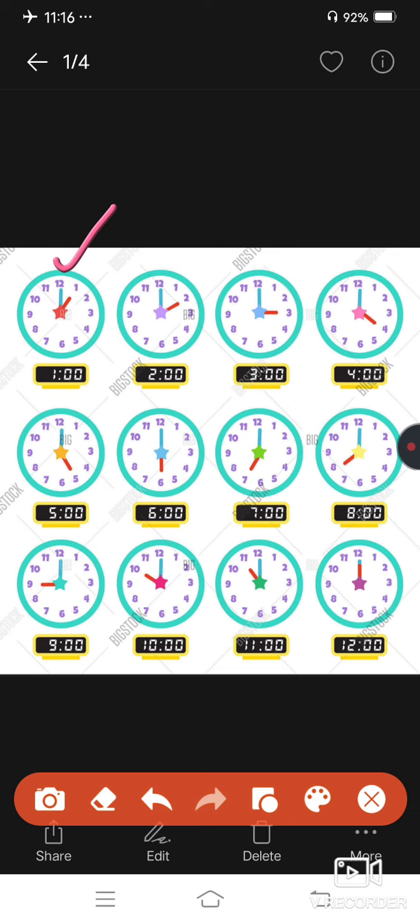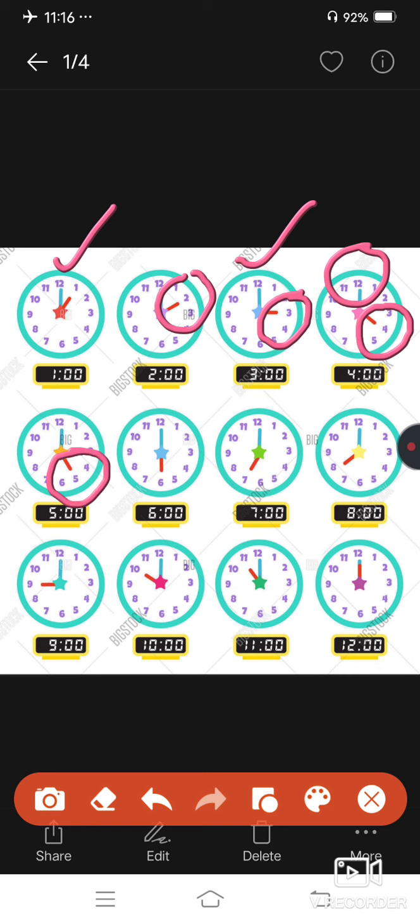Here the short hand is at 2 and the long hand is at 12. It means it is 2 o'clock. Here the short hand is at 3 and the long hand is pointing towards 12. It means it is 3 o'clock. Here the short hand is at 4 and the long hand is pointing towards 12. It means it is 4 o'clock.